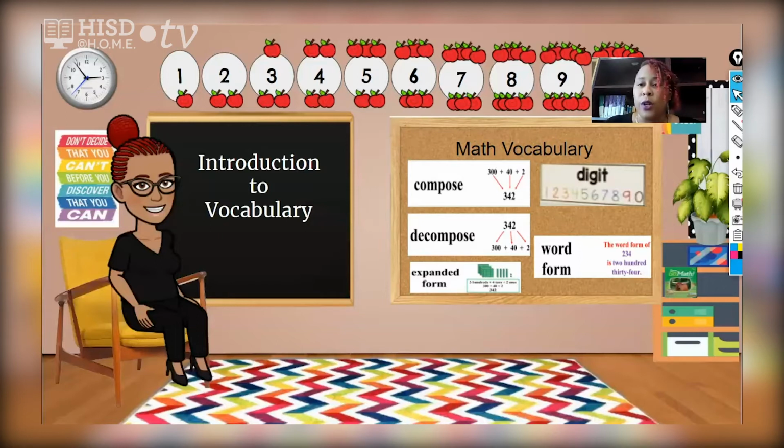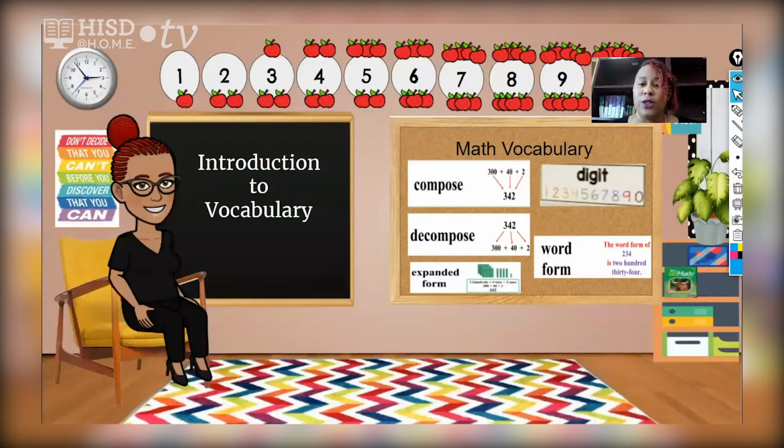When you decompose a number, you are taking the number apart. You might also hear the word digit. Digit is representing a number. It can be a number from 0 to 9. Another vocabulary word you will hear is expanded form.